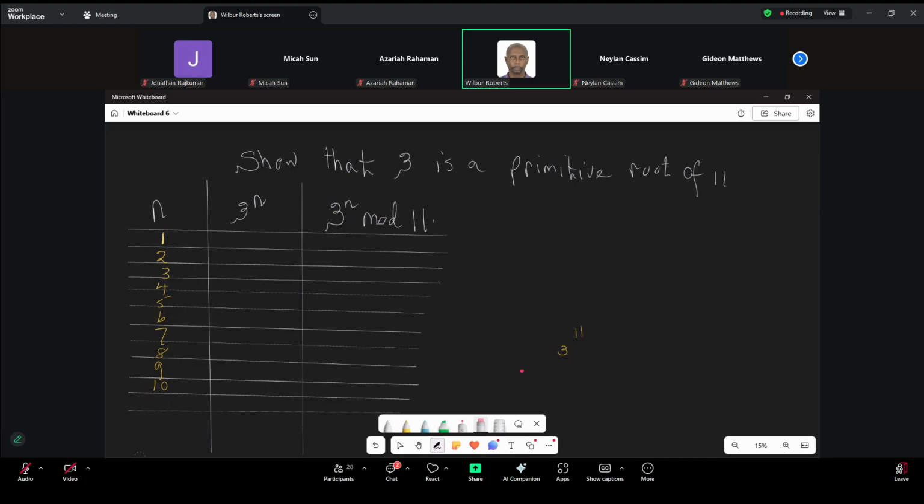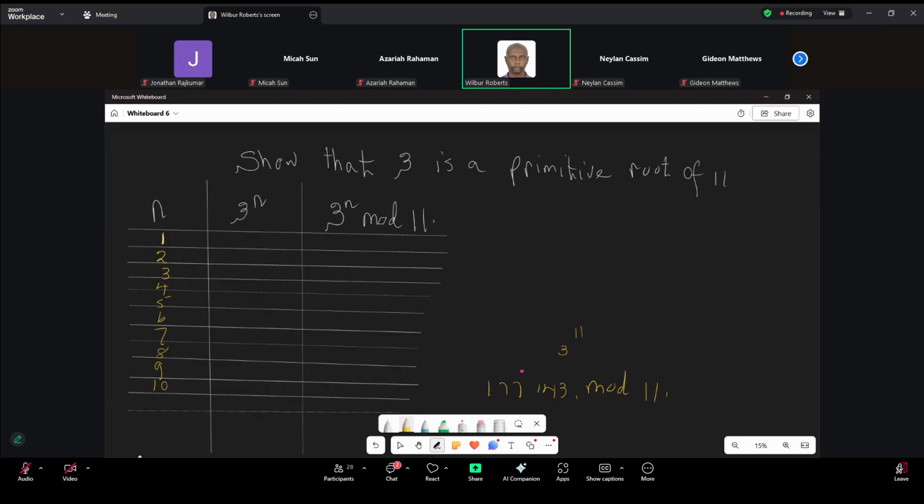So you could use your phone to get the 3 to the n column and then go online, just type in modular calculator, right? And you'll just have to type in the two numbers. For instance, if I was using 3 to the 11, it gives me 177,147 mod 11.